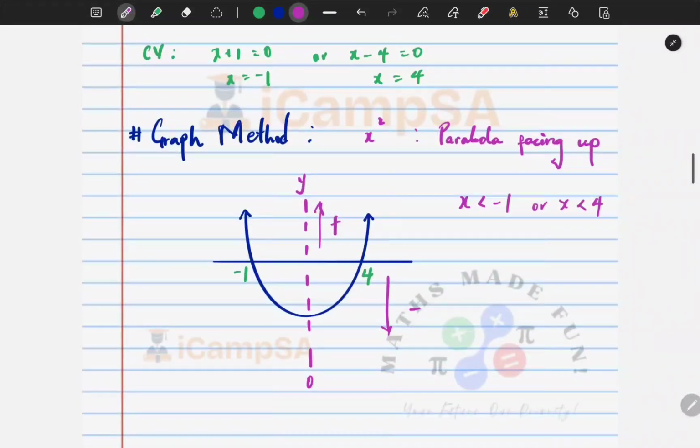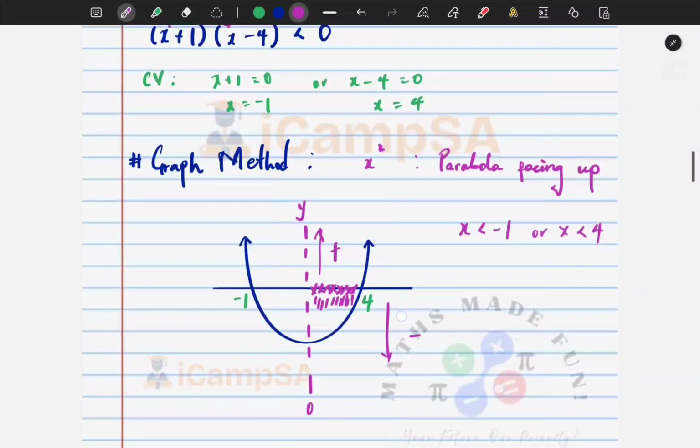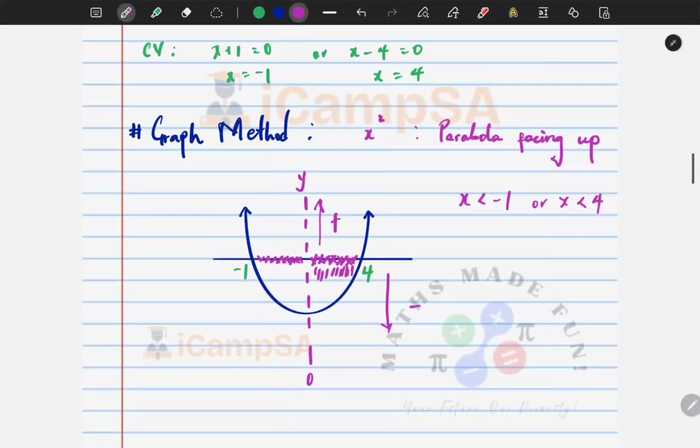So we are going to look for that. All the numbers that are less than 4 are going to be here, all these values here. And all the values that are less than -1, it's going to be these ones.